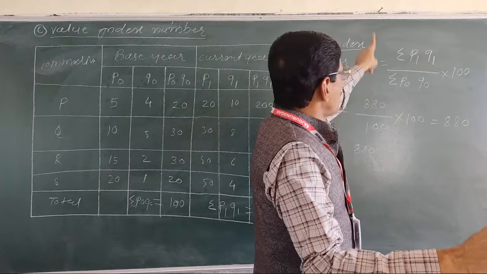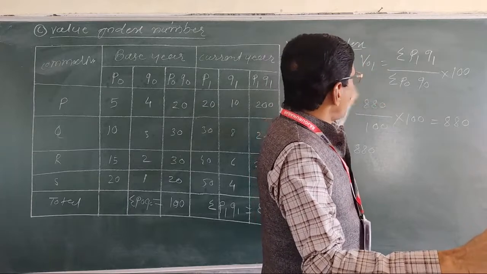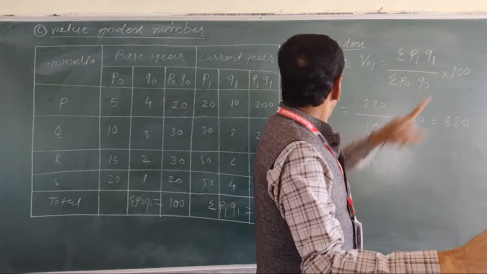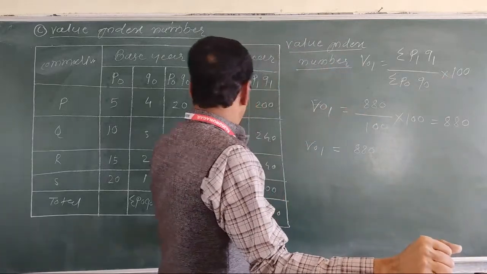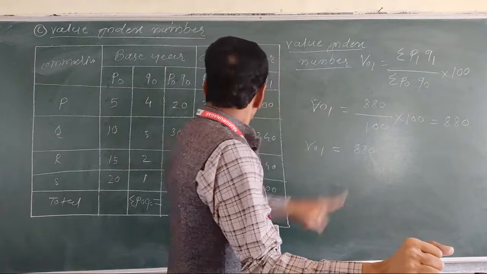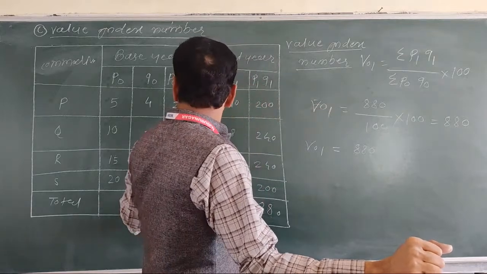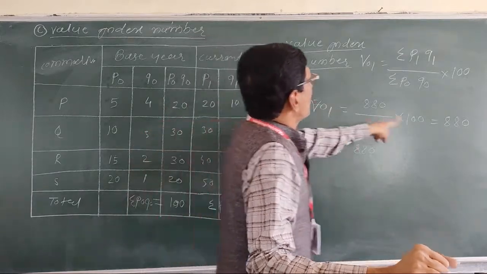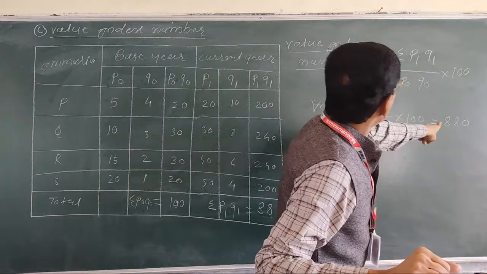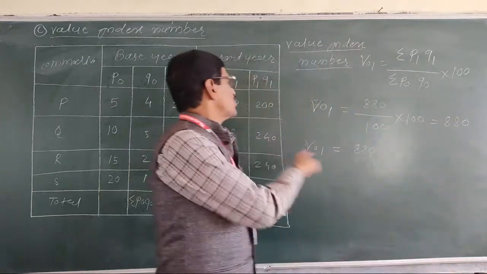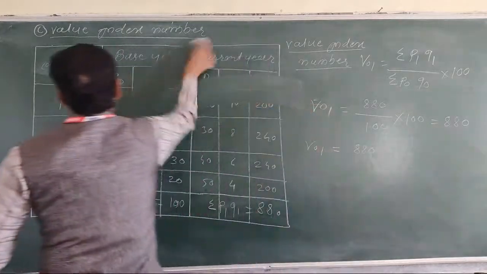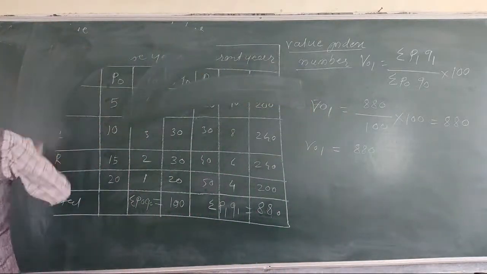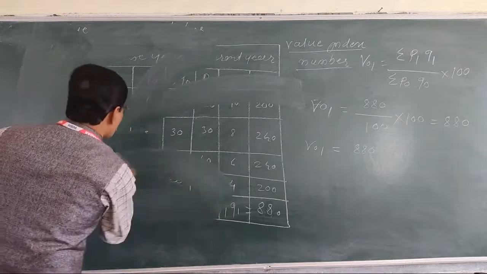V01 is equal to summation P1 Q1 upon summation P0 Q0 into 100, and so P1 Q1 is 880 upon summation P0 Q0 is 100 into 100, so the answer is 880. Clear? Okay, and here is the unit of simple index number.